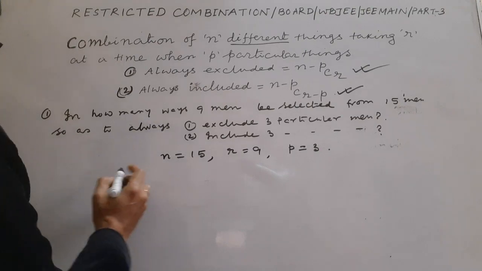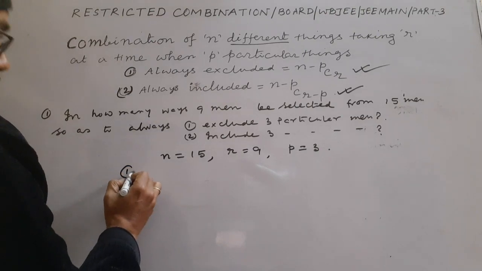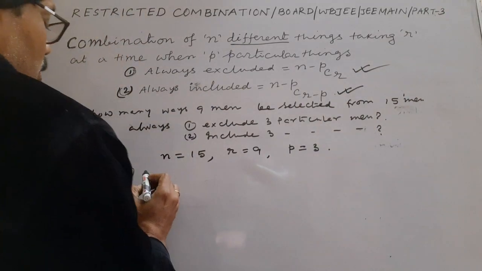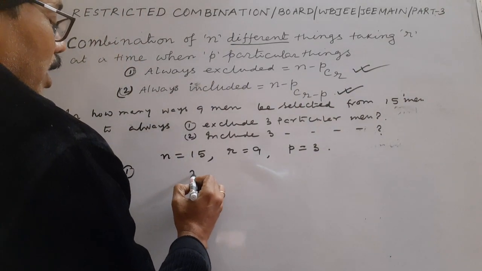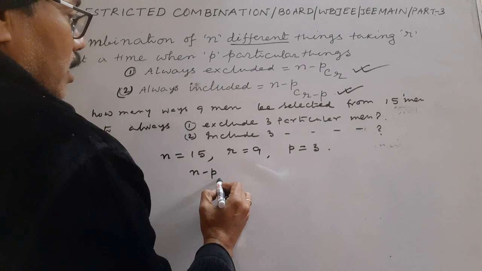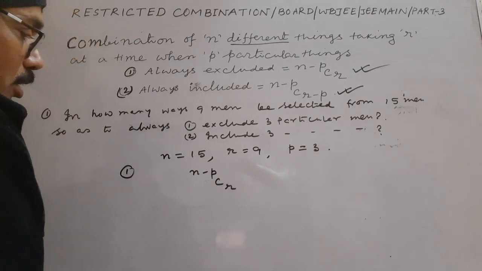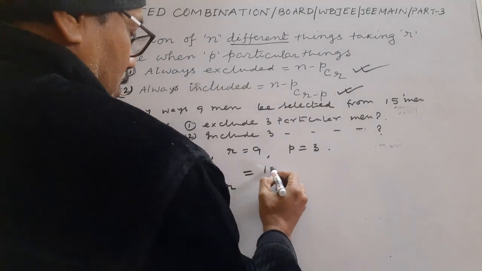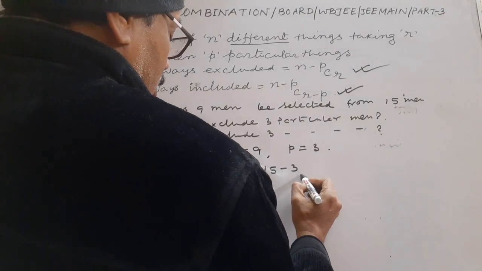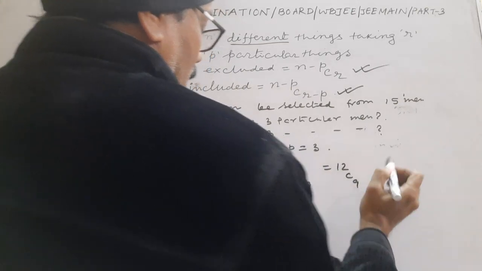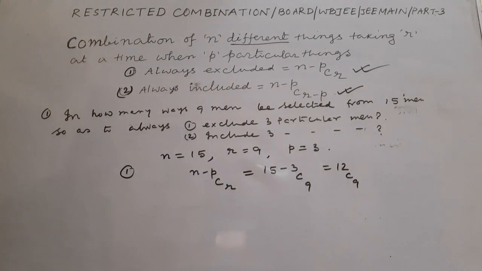What will be the formula for exclude 3 particular men? The formula is n minus p C r. So what is n? 15 minus 3 C 9. So, 12 C 9.